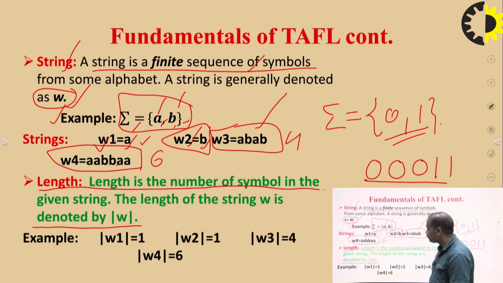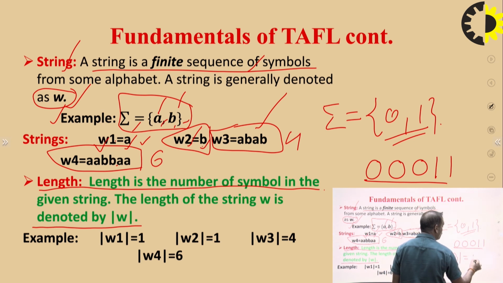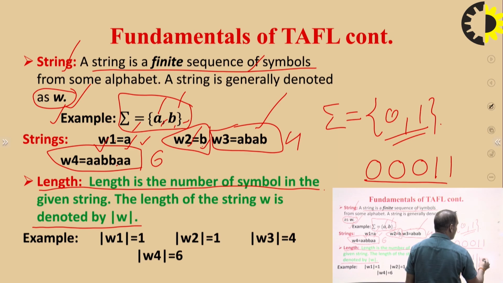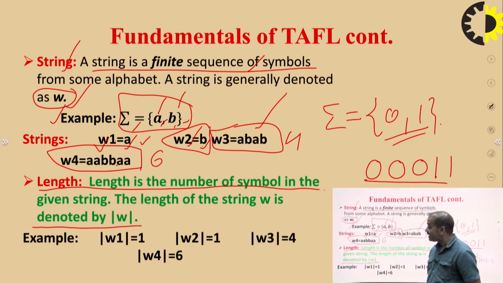If we want to find the length of W1, we write mod of W1 equal to 1. The mod of W2 is 1. The mod of W3 is 4, like this. That means the number of symbols in the given string is called the length of that string.